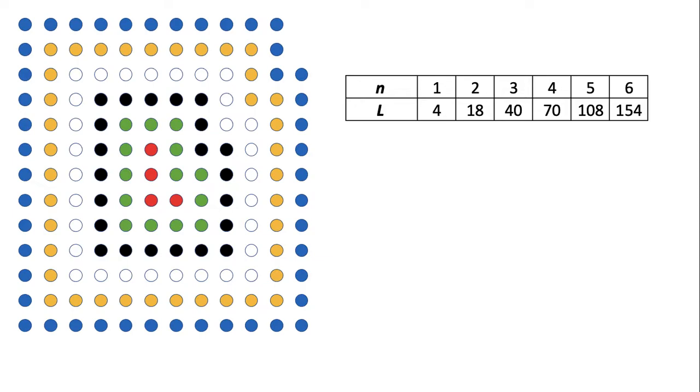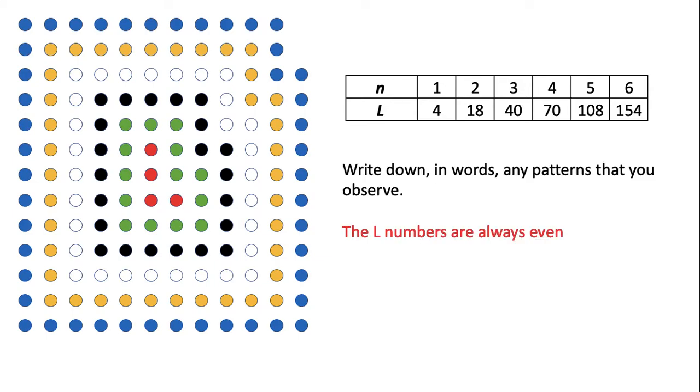So we've earned a couple of marks just for filling in some gaps without really having to do too much mathematical thinking. And it says, write down in words any patterns that you observe. So one pattern that you could easily observe is that the L numbers are always even.